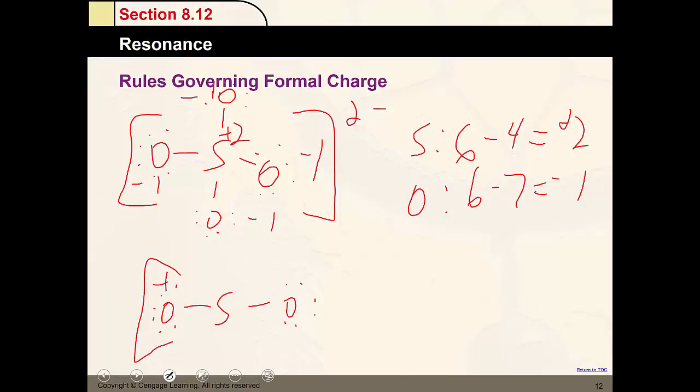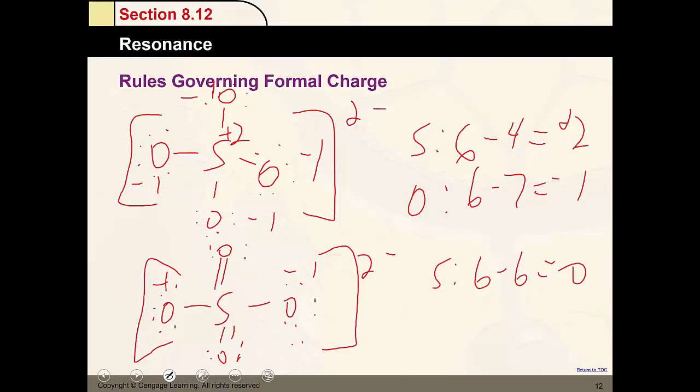So a couple of these oxygens will have charges of -1, but if we form 2 double bonds, now sulfur has 6 bonds around it, so 6 minus 6, it now has a formal charge of 0, and each oxygen with the double bond now has 6 electrons, so each of those oxygens now has a formal charge of 0, and then the single bonded oxygen, same as before, now that just has a formal charge of -1, and you'll notice those 2 formal charges of -1 add up to the overall negative charge of -2. So that's more favorable.